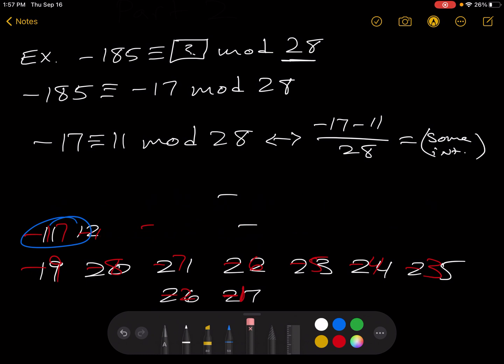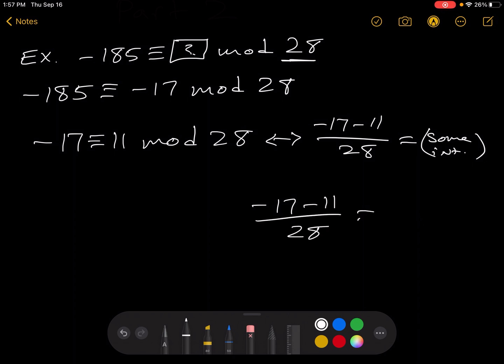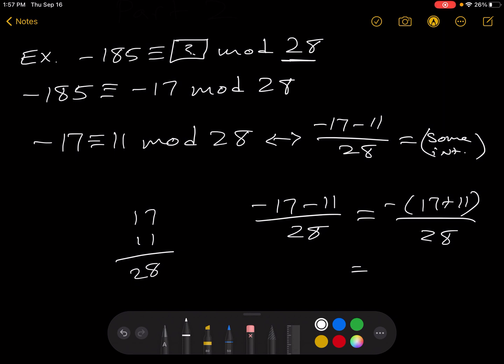Negative 17 minus 11 is negative 28, so negative 28 over 28 is negative 1, which is in fact an integer.